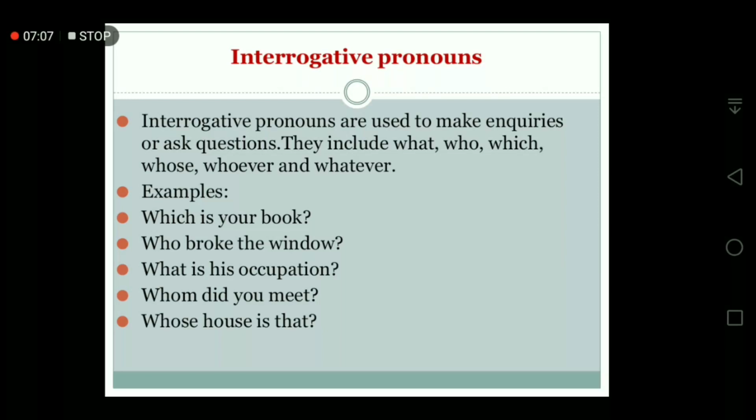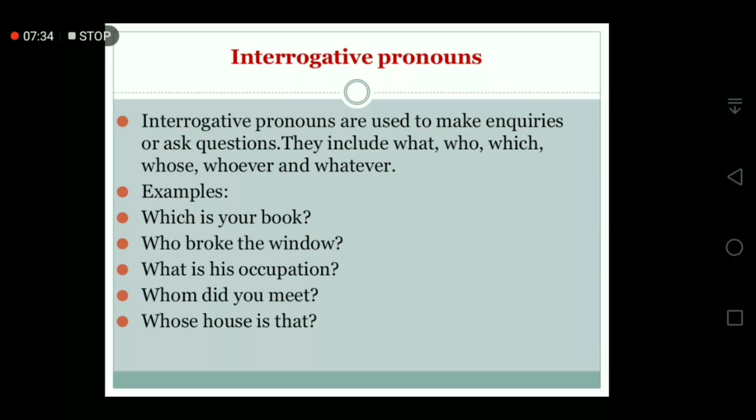Then interrogative pronouns. Interrogative pronouns are used to make inquiries or ask questions. They include what, who, which, whose, whoever, whatever. All the WH words are asking questions or making inquiries.